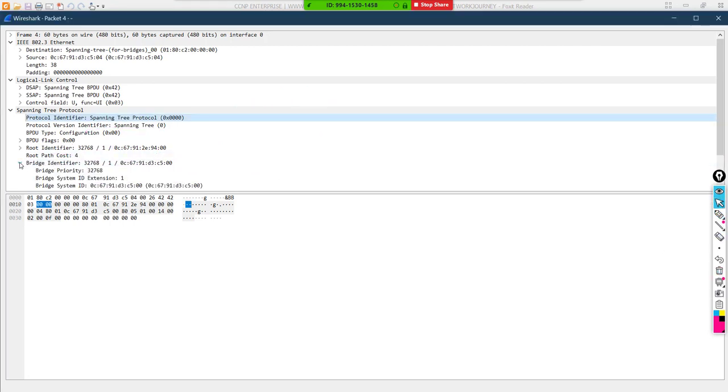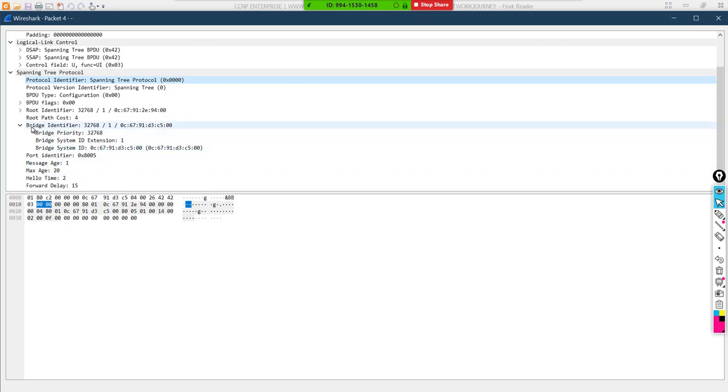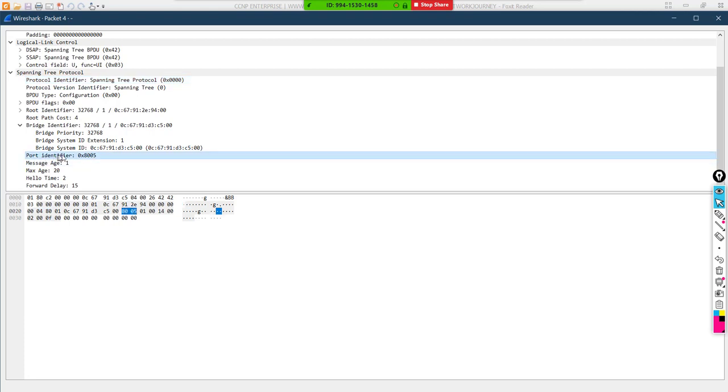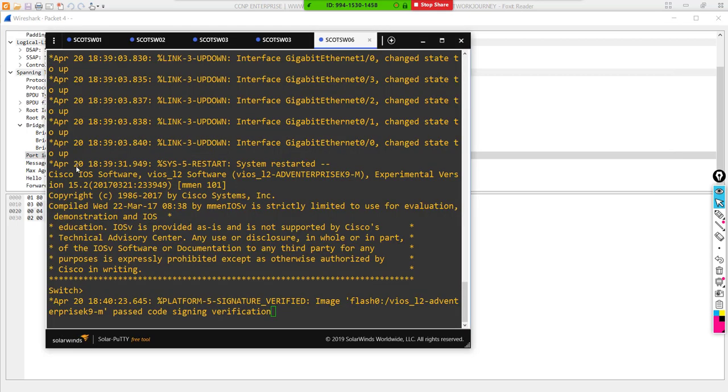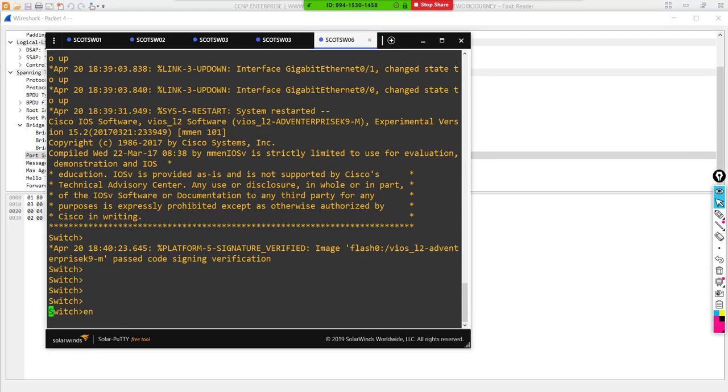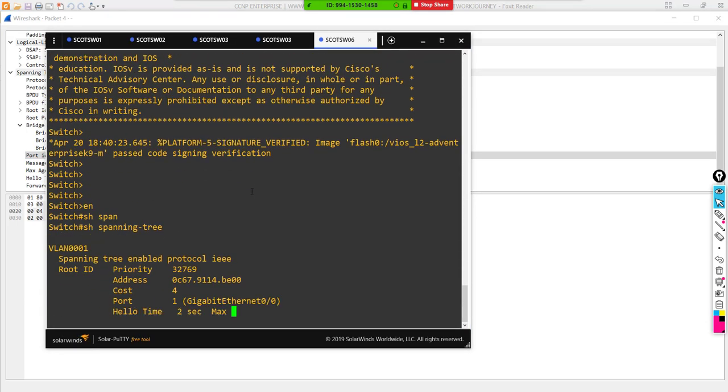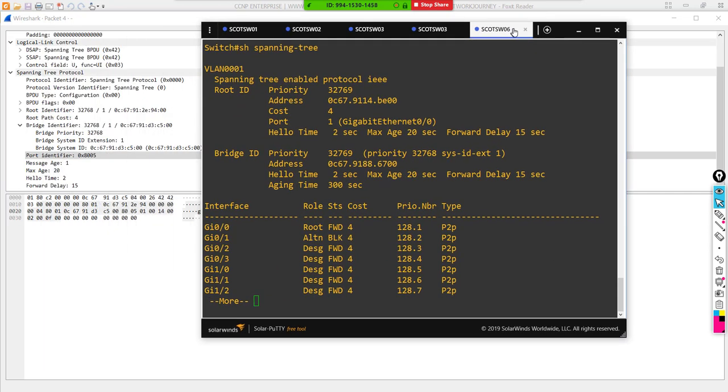What else? We have the bridge identifier. The bridge identifier is local to each switch, so this detail is for this particular switch. We have the port identifier, which is in hexadecimal format. The port identifier is nothing but this value. Let me show you directly on the switch. This is the port identifier, the port numbers.